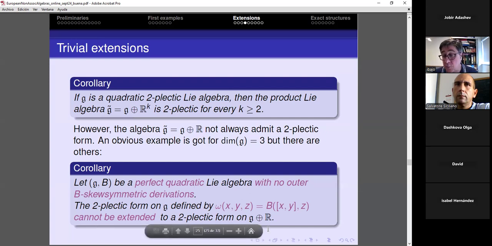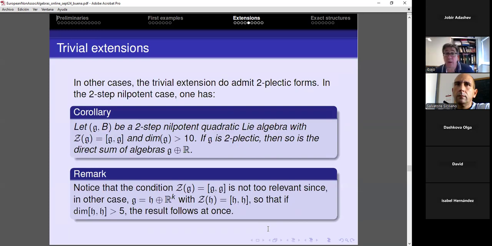But there are some cases in which we can say something. The first case is, for instance, two-step nilpotent quadratic Lie algebras, in which one says that if the dimension of the Lie algebra is bigger than 10, then G is two-plectic. If G is two-plectic, then the direct sum G plus R is also two-plectic.